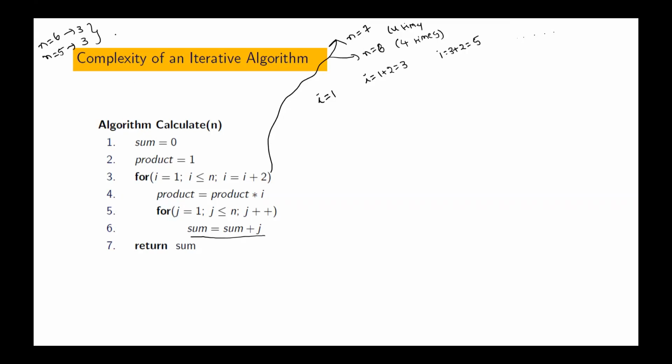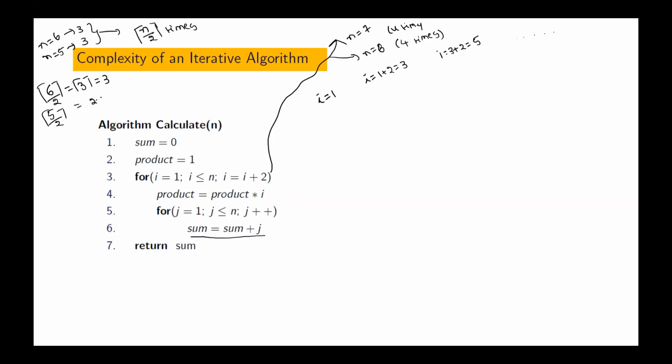Can we generalize this now? Yes, n by 2 times. Exactly. We can write it as ceiling of n by 2 times. Is that correct? What is ceiling of 6 by 2? Ceil of 3, which is 3. What is ceil of 5 by 2?